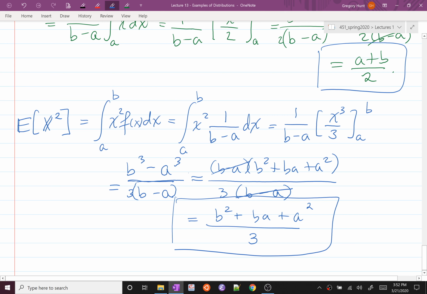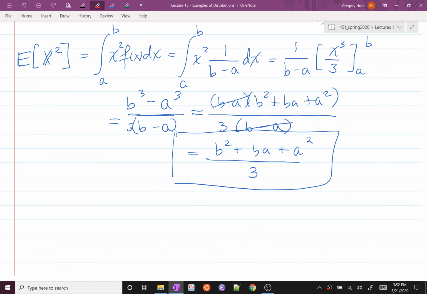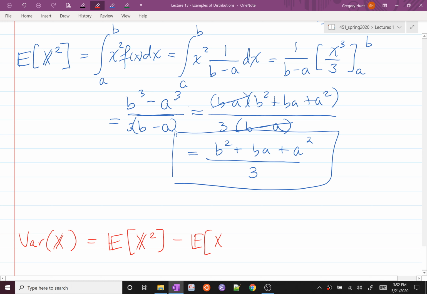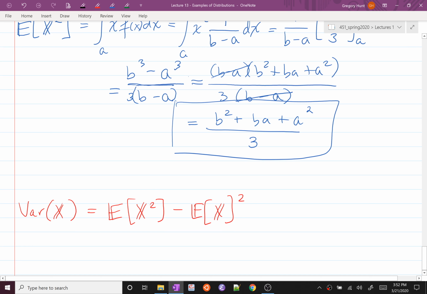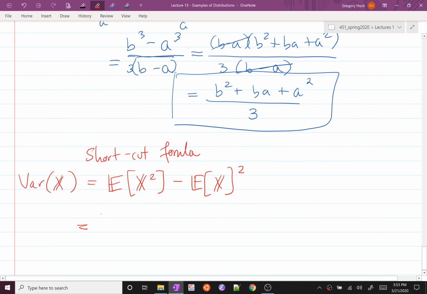That's the expected value of the square. The reason we want that, obviously, is we want to calculate the variance. Using our shortcut formula, the variance is the expected value of the square minus the square of the expected value. It's kind of a turn of phrase. So we just calculated the first part, b squared plus ba plus a squared over 3.